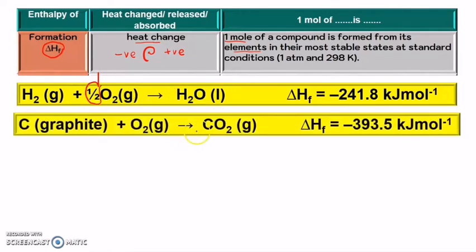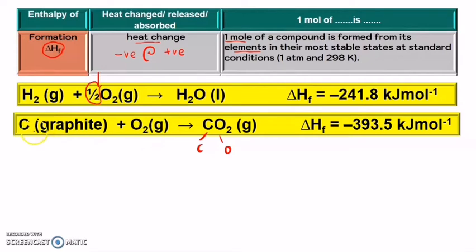Let's see another example. This is carbon dioxide. This is the one that we are going to form. In carbon dioxide, we have carbon and oxygen. We have to identify that carbon exists as carbon graphite or solid as its most stable state, while O exists as O2 gas as its most stable state.